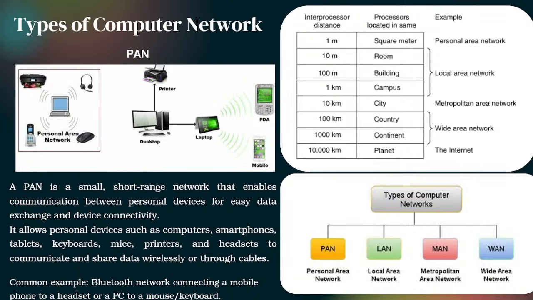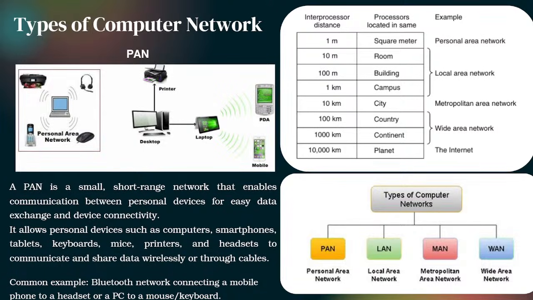That means whatever we are using for the personal uses can be considered as personal area network. So here we can say a small network designed for personal devices. Again, I repeat, a small network designed for personal devices like smartphone, tablet, or laptop within a small area like a room or for a desk.